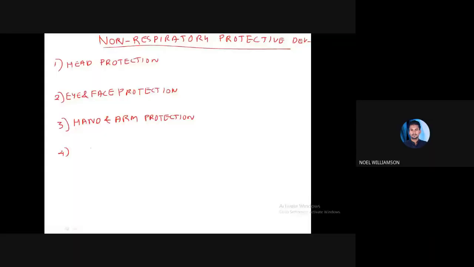Third one, hand and arm protection. Fourth one, foot and leg protection. And one more, body protection. So these are the main non-respiratory protective devices. First one, head protection.